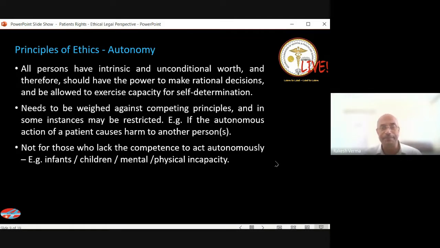For children, it may be one of the parents, and for mental and physical incapacity, there can be a guardian. So therefore, the principle of autonomy works like this.